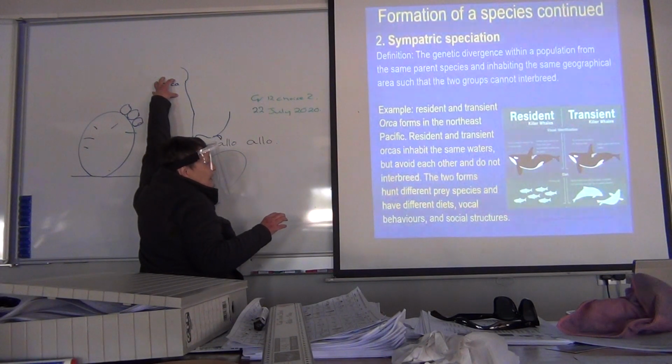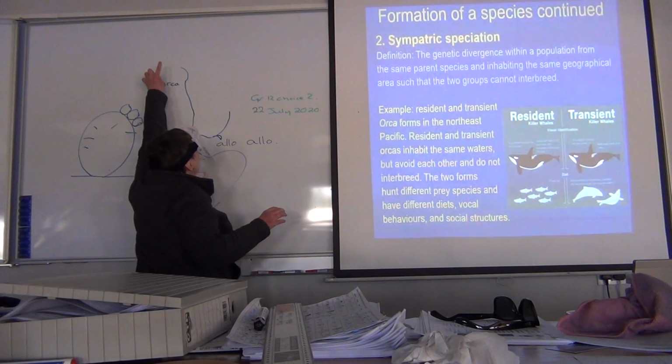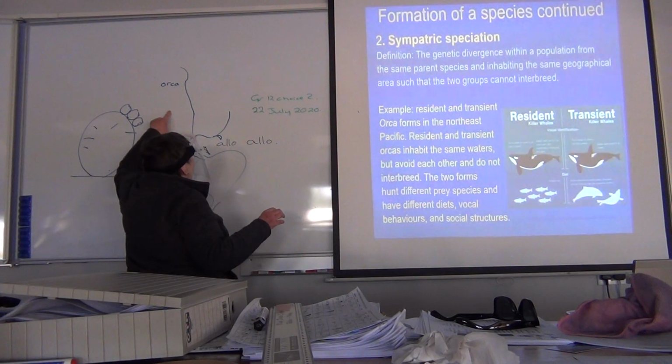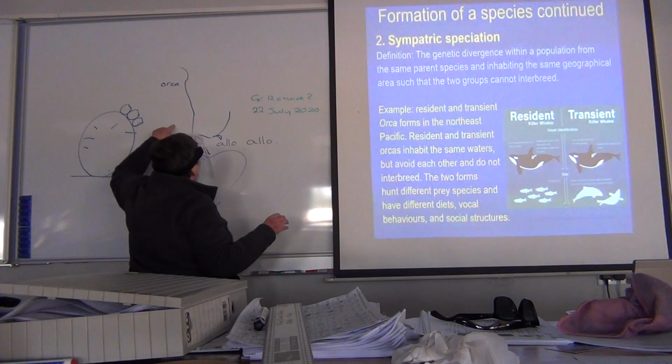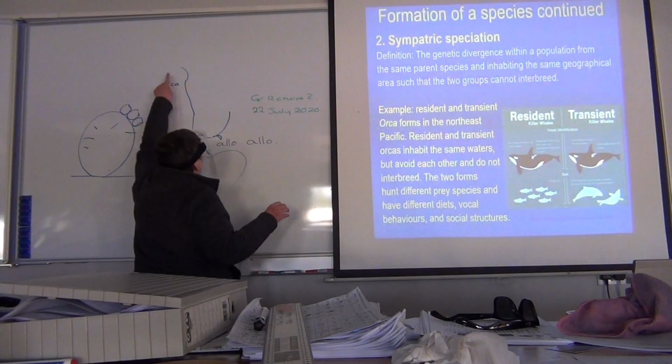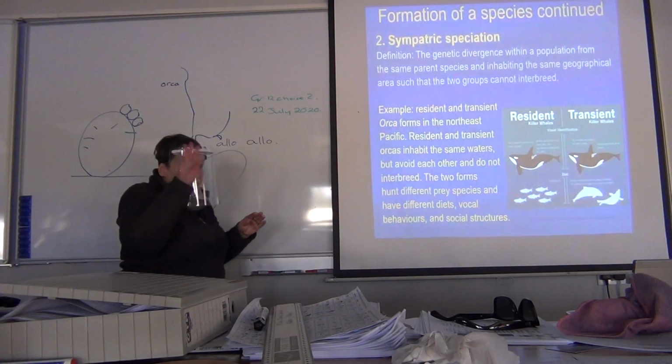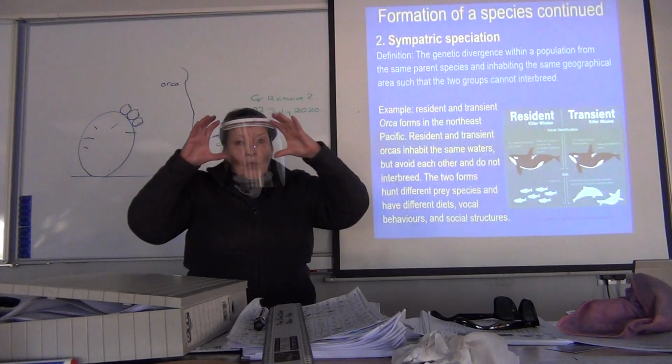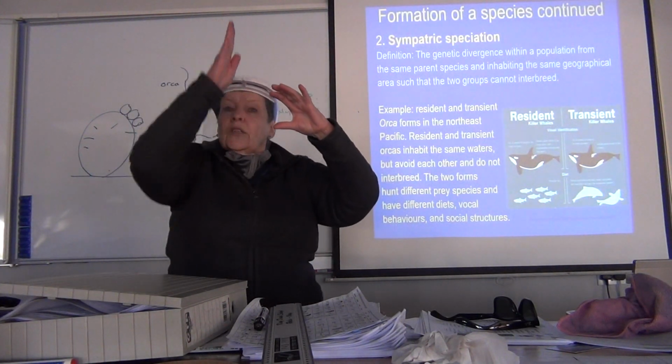The transients migrate. Sometimes they live up in the northern waters and then they migrate down to the southern waters, and later on in the year they go back up, and down and up and down. So they cross paths all the time. Residents are there, transients pass through.